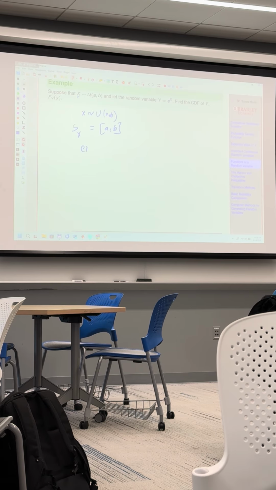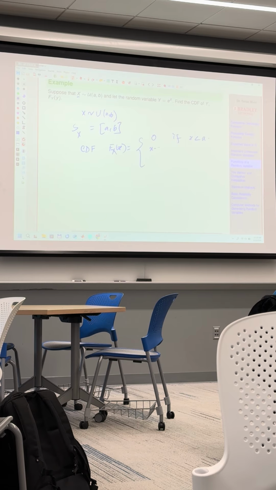And you know the CDF, F sub x of x. Do you know the CDF of a uniform random variable? It is 0 if x is less than a.